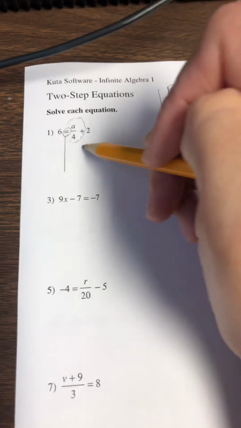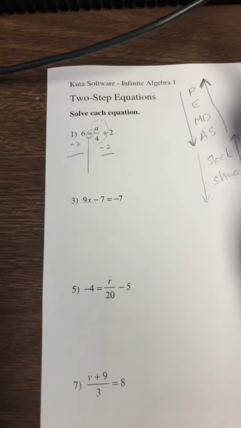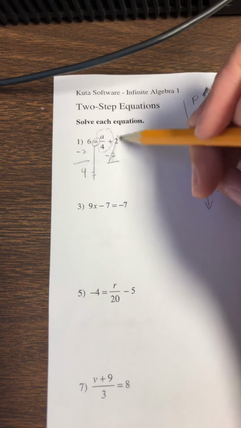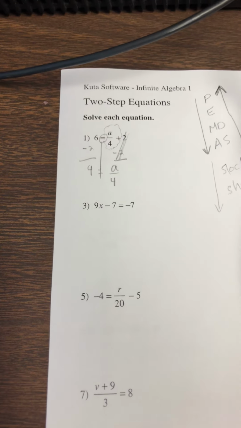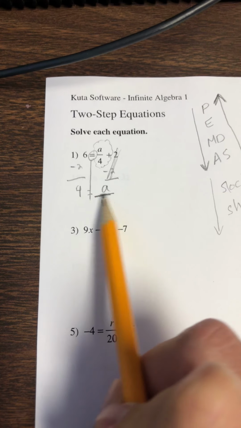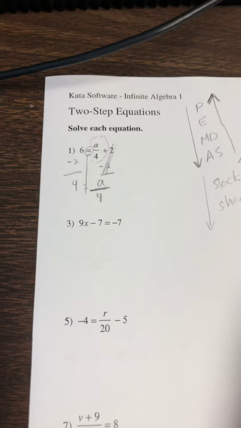So to get rid of adding 2, I'm going to subtract 2 from both sides. So 6 subtract 2 leaves me with a 4. And the plus 2 and the minus 2 cancel, so I'm left with a divided by 4. Now, to isolate that a, to get that a completely all alone, I've got to get rid of dividing by 4.